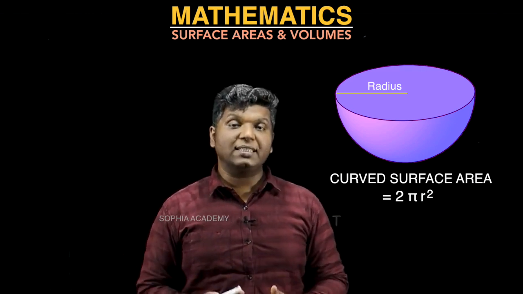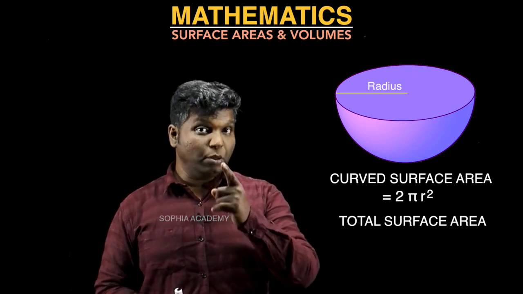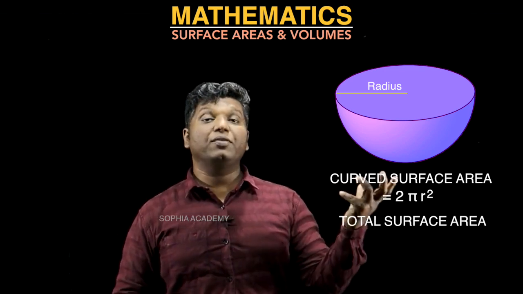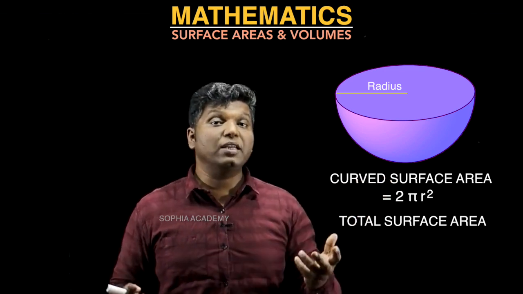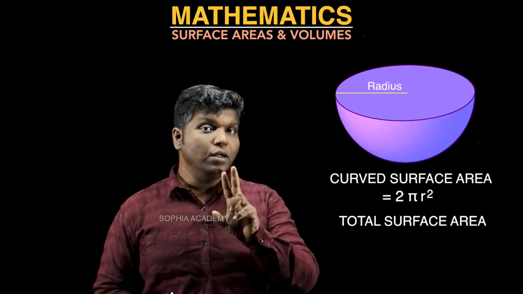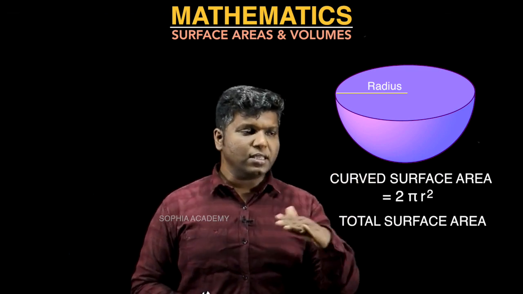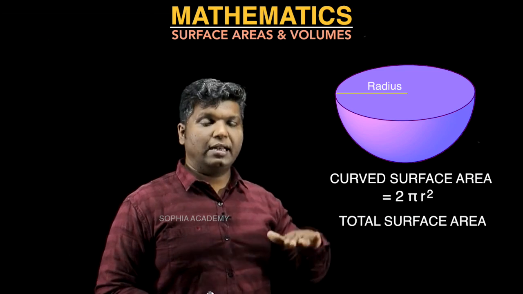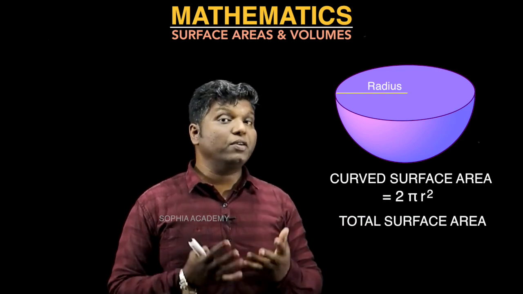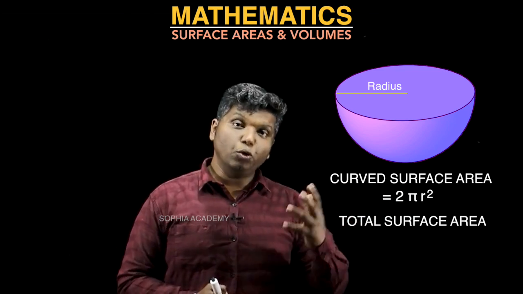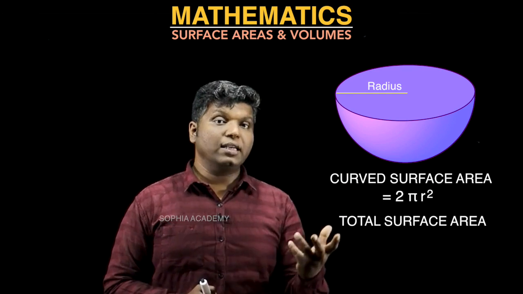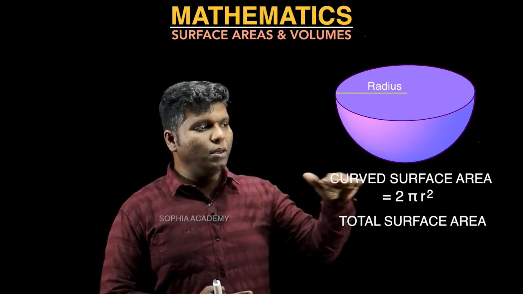What about the TSA? Because we are studying solid materials, right? If this hemisphere is solid, we can see there are two typical faces. One is the curved surface, another one is the flat surface, which is in the shape of a circle. So 2 pi r square is already the surface area of the curved surface. What about the base area?